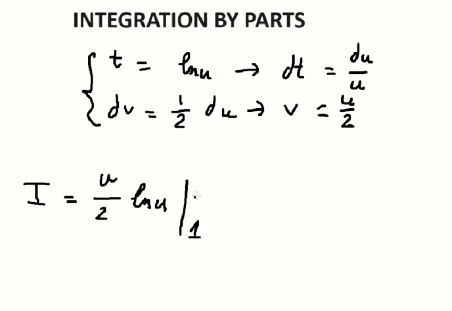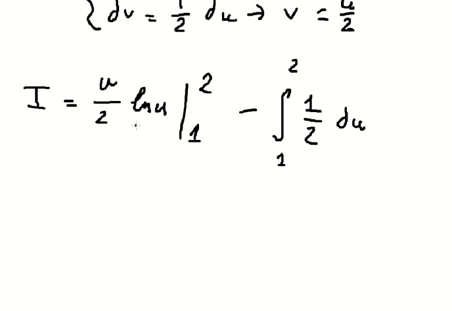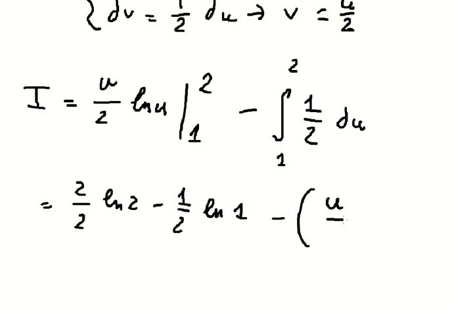And we put the power from number 1 to number 2, minus the integral from number 1. So u divided by u, we have number 1. So we have only 1 over 2 in here. So we put number 2 and number 1 in here. This one we have u over number 2.